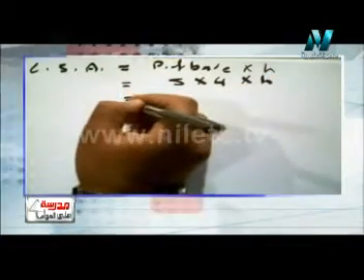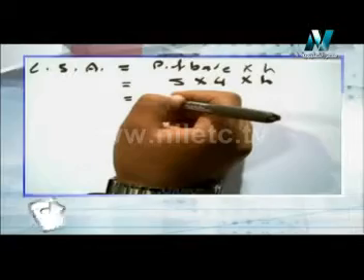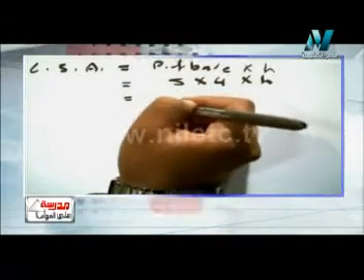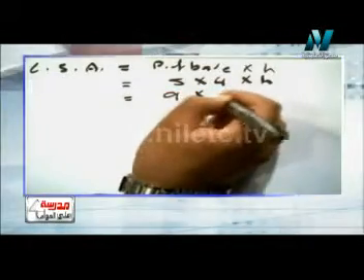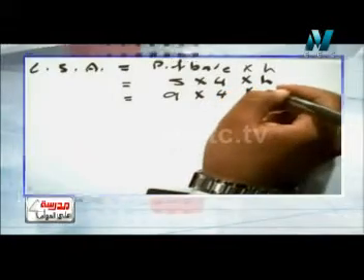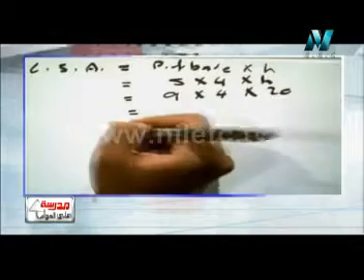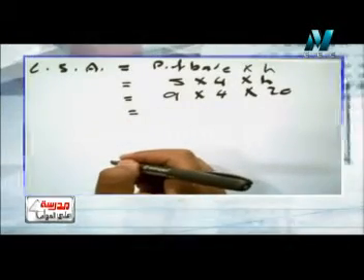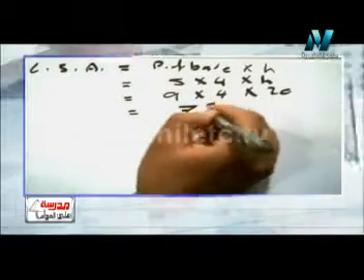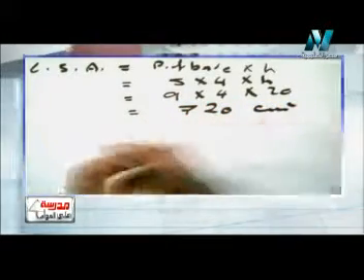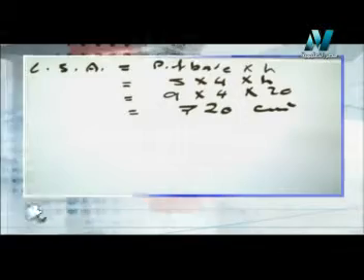Then he gives me the side length in the question is 9 centimeters. Then 9 times 4 times 20 is height, equal, we can use the calculator to find the result, equal 720 centimeters square. How to find the total area?